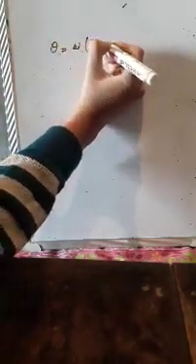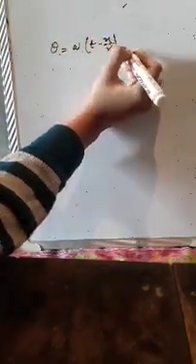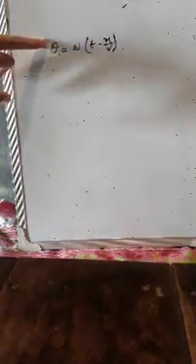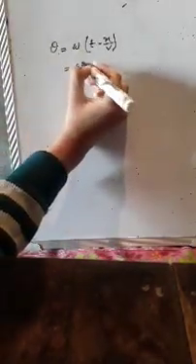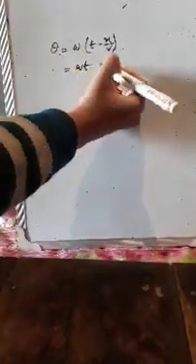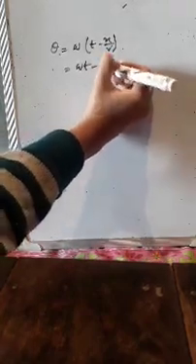Students, we have seen that the angular function theta can be expressed by theta equals omega t minus x by v. This we have seen, and this equation can be written as omega t minus kx.